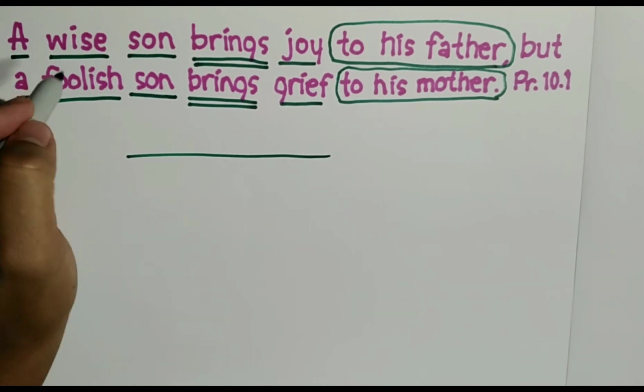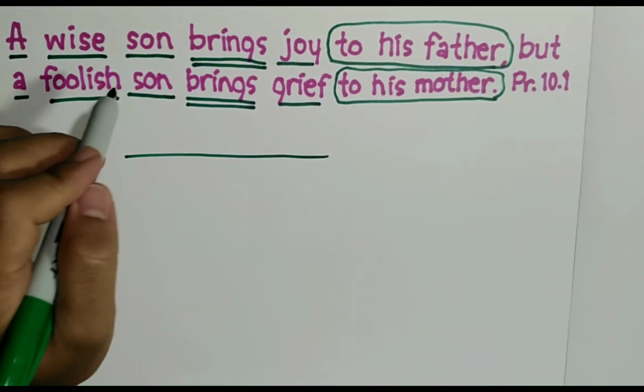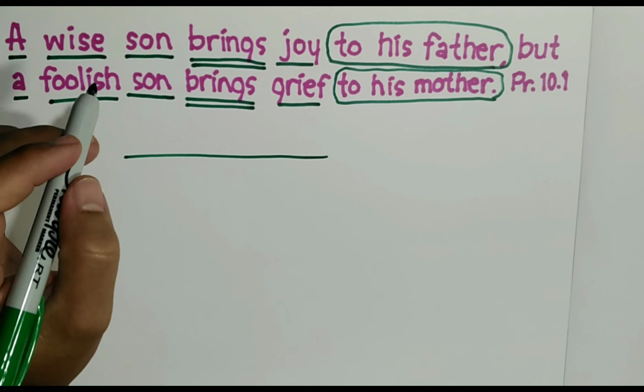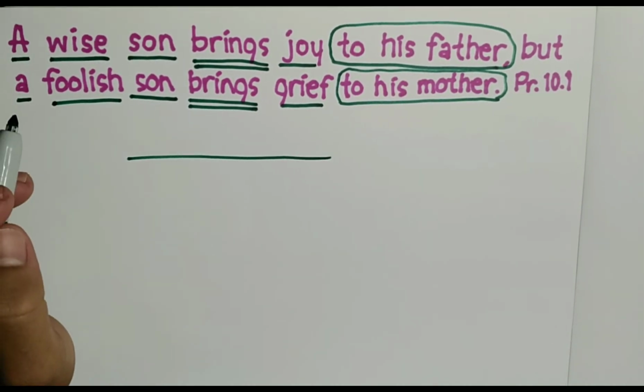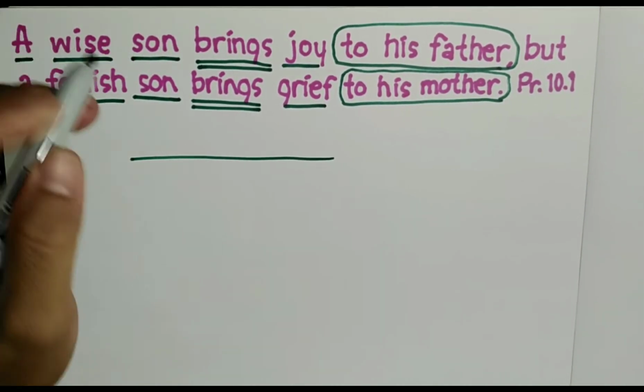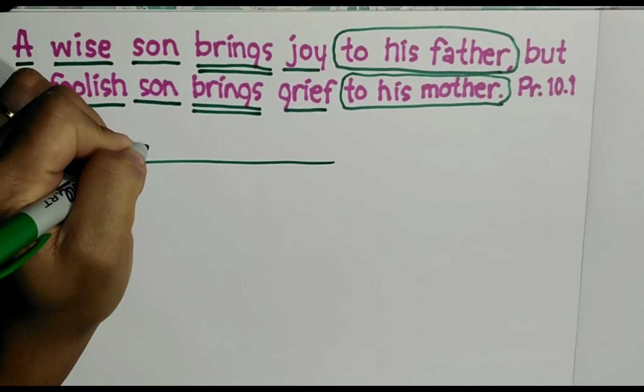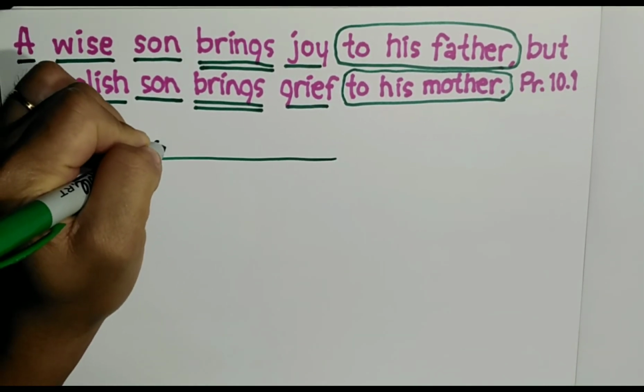Now, for the first line, a wise son brings joy to his father. Where is the subject? Okay, very good. It's a son. Let me write the word son here.